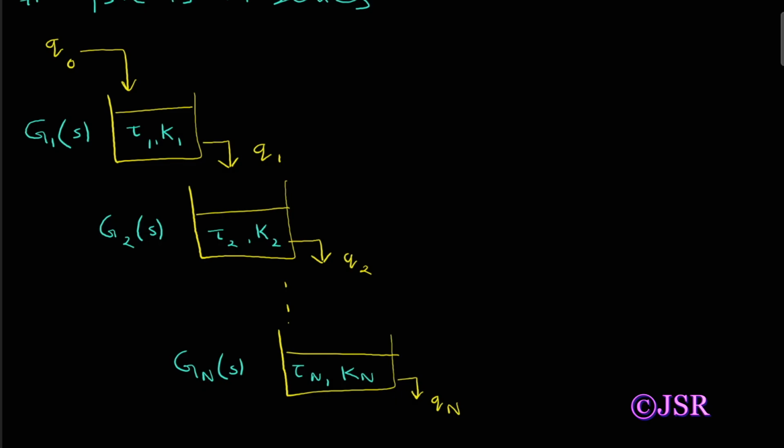So the overall transfer function for the whole system, G of s, can be given as per this equation: the product of i going from tank number 1 to n of Gi of s, where Gi is the transfer function of the ith tank.